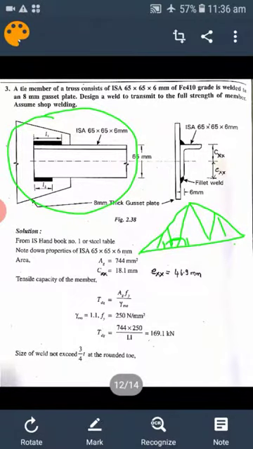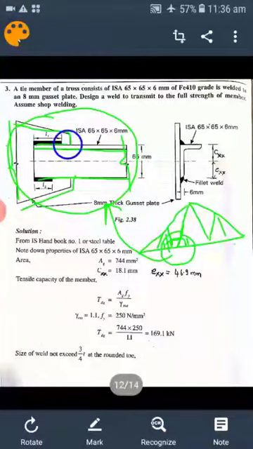For the gusset plate, these members are coming and joining, and let us assume this is the enlarged view of the joint. Here one tie member, a tension member, is connected to the gusset plate, and that is an angle section.